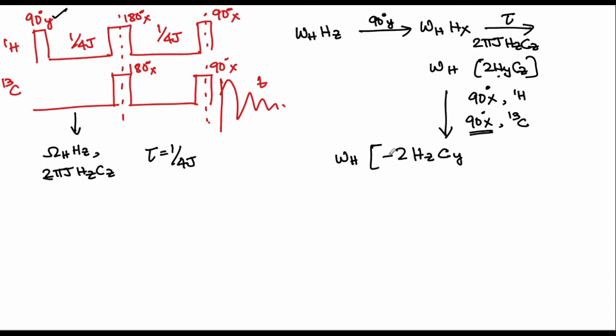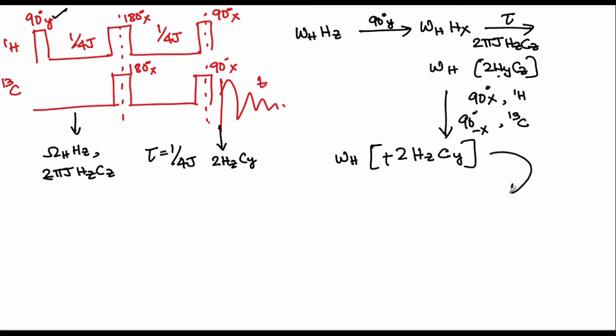And just for the sake of simplicity, just like we like to have positive numbers, we can apply this pulse along the minus x-axis. So now at this point, the density matrix is represented by the 2Hz operator. Now this can evolve with time.